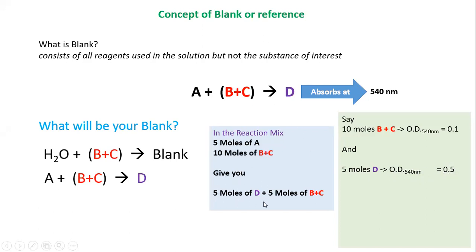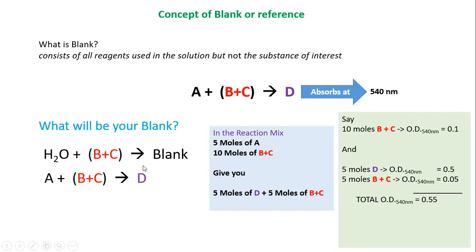Now, when you carry out the reaction, along with 5 moles of D, you also get 5 moles of leftover B plus C. So if 10 moles of B plus C is giving you an absorbance of 0.1, 5 moles of B plus C will give you an absorption of 0.05. So in total, the absorption that you will record at 540 nanometers will be a combined absorption of D and B plus C, 5 moles each. So the total absorption value should be around 0.55.